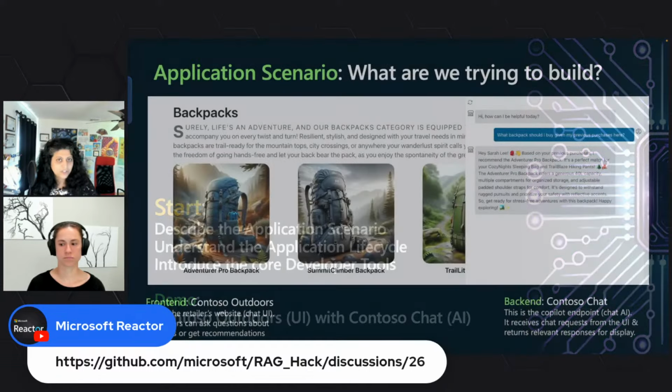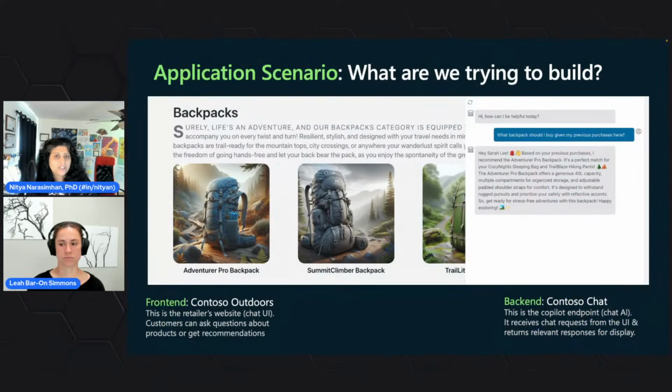So what's our application scenario? Our application scenario is a very popular sample known as Contoso Chat. It is an enterprise retail application, which consists of 2 components. On the front end, we have the enterprise retailer's website, Contoso Outdoors. This sells a lot of really popular adventuring equipment to customers.